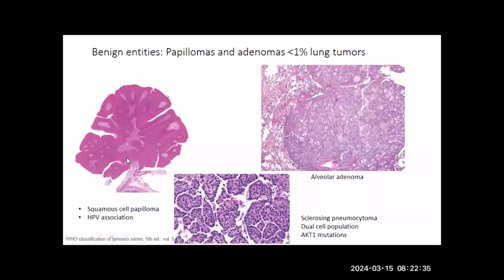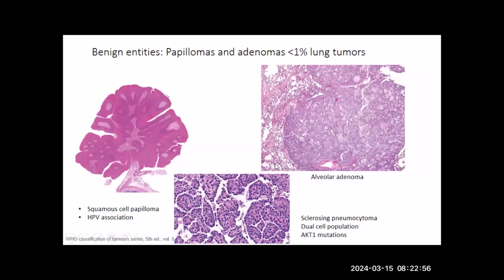You can see that it's lined by squamous epithelium and has a very papillary look, but there is no atypia and there is no invasion. Similarly, there can also be glandular papillomas, which are very rare.